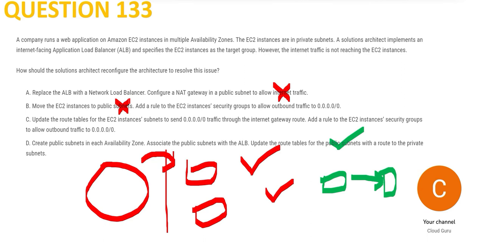Simple thing. This is so wrong. And C says let's update the routing tables to send 0.0.0.0/0 traffic through the internet gateway. That means traffic coming from anywhere. This is a very crude way of doing it. You can easily do it using option D.